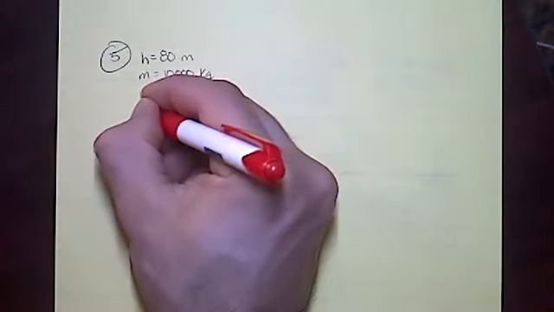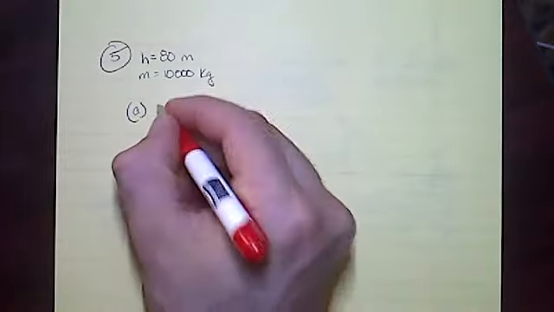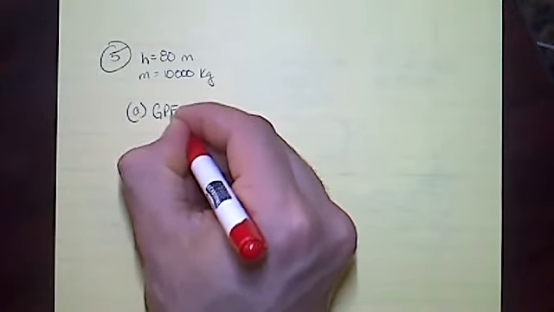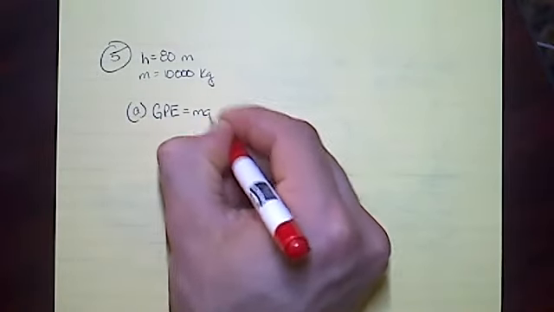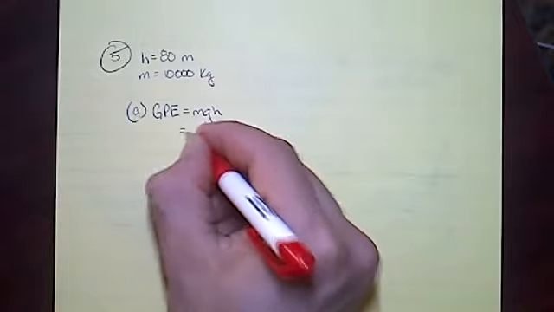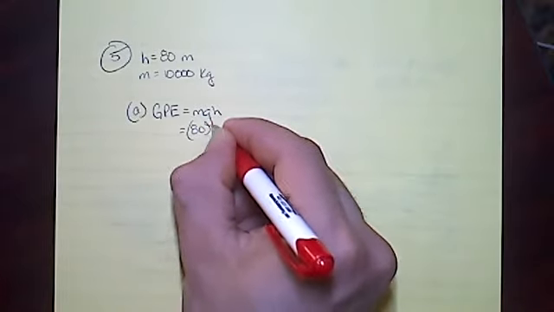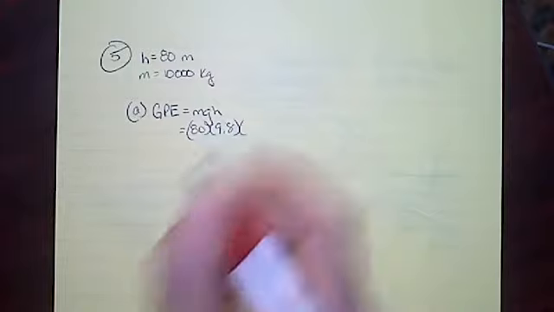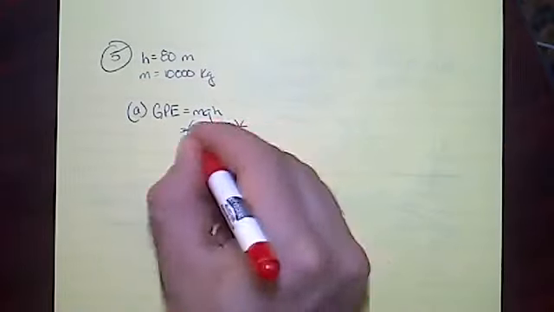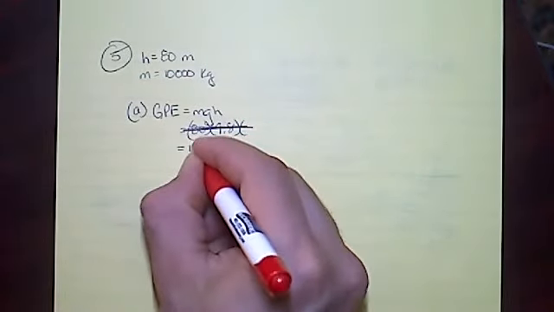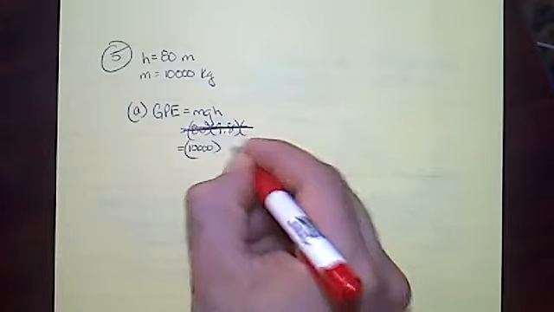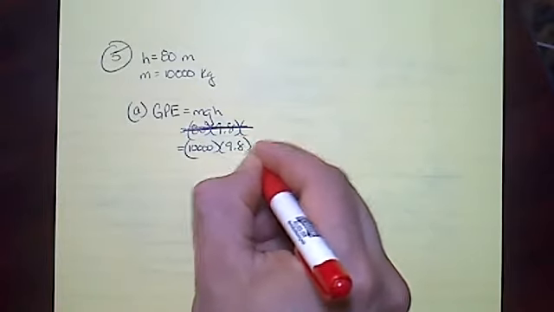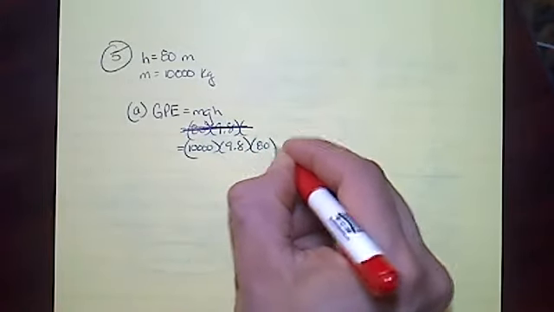A wants us, so we're going to do A first. A wants us to calculate the GPE at the height of that first hill, mgh. Okay. 80 times 9.8 times, oh, I'm sorry. I screwed that up. You guys should be yelling at me right now. 10,000 is the mass, 9.8, and 80 is the height.